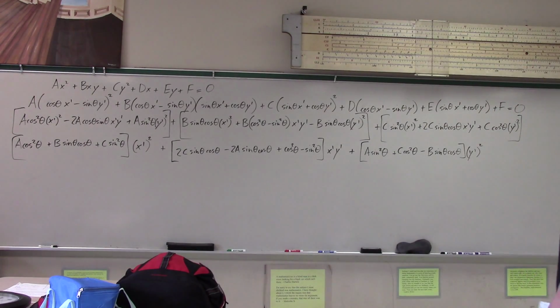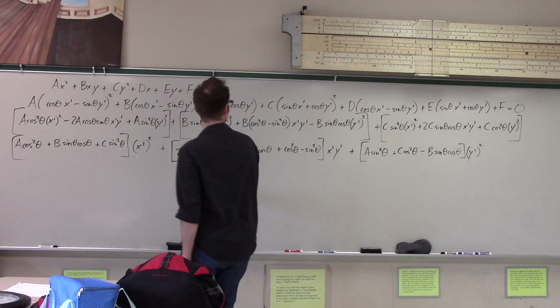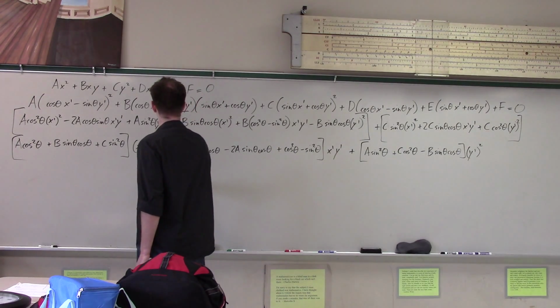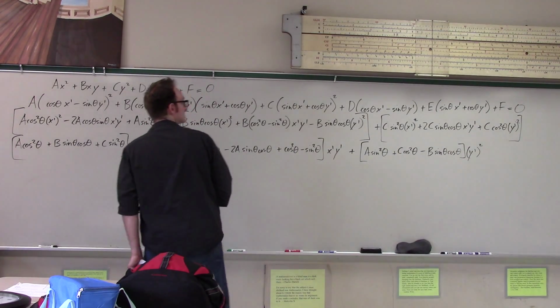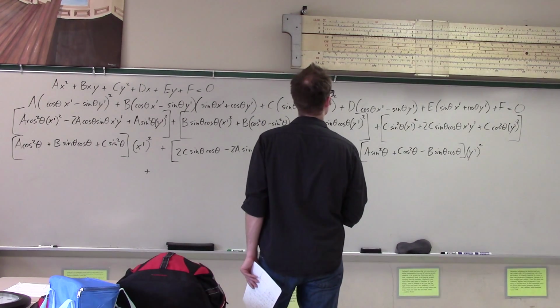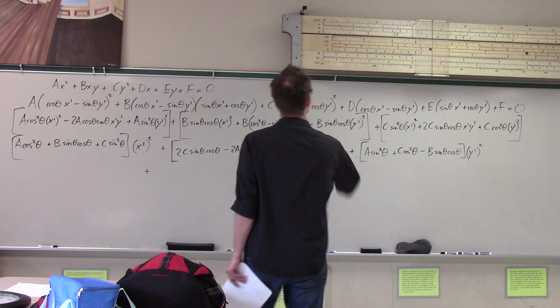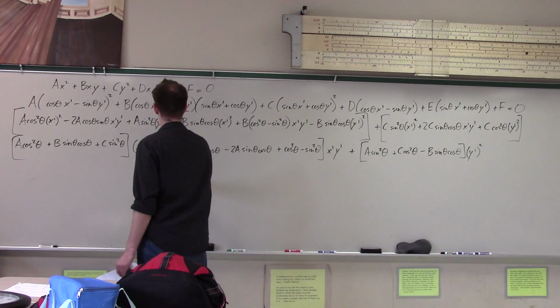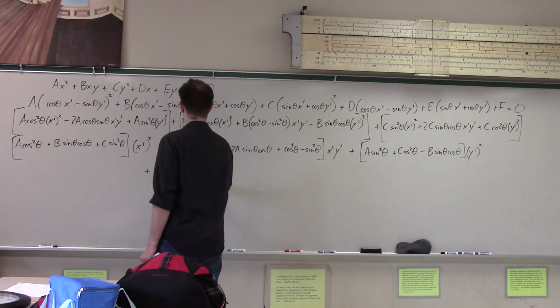Yeah. And just to be complete about it, let's get the other terms. So that's plus, what x terms do I have? That's, I guess, d cosine theta plus e sine theta.